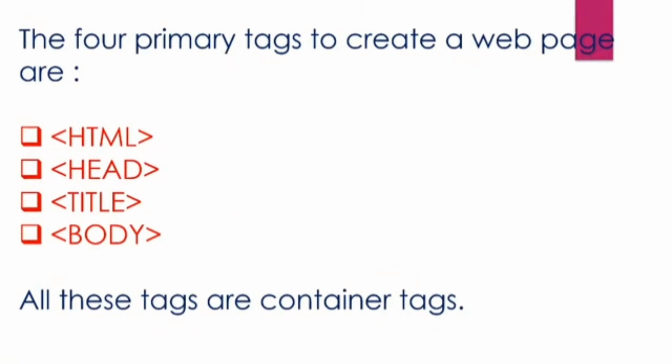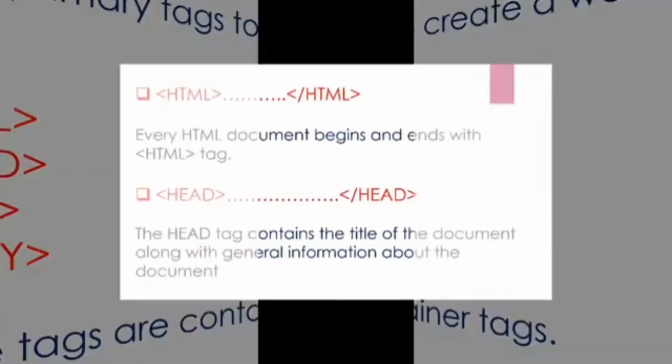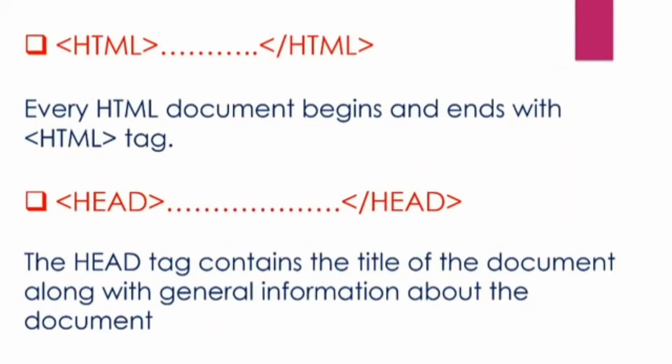The four primary tags to create a web page are HTML, head, title, body. All these tags are container tags. First one, HTML. Every HTML document begins and ends with the HTML tag. Head.